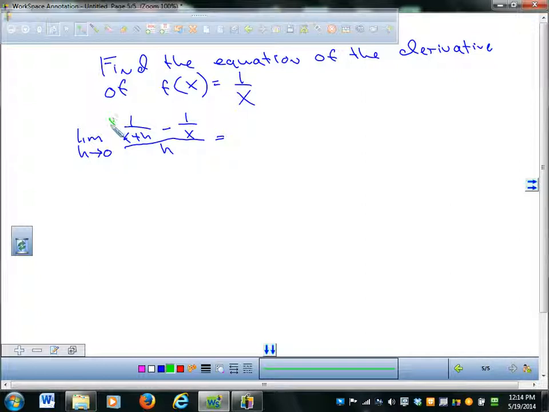Now I get x minus the quantity x plus h, don't forget to put this in parentheses, over x times x plus h, which is now my common denominator. That whole thing over h, and I'm going to take the limit of that as h goes to 0.